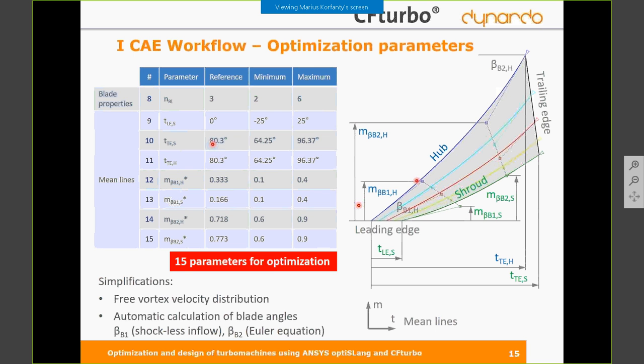Furthermore, the 4 control points of the Bezier splines. As I mentioned before, the pump is designed using the free vortex design method, and this implies that in each design, the blade angles at the trailing and at the leading edge are calculated automatically. Consequently, the blade angles are not part of the optimization parameters.